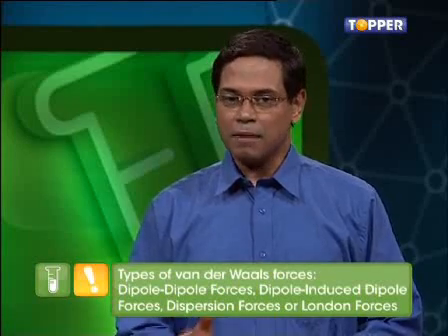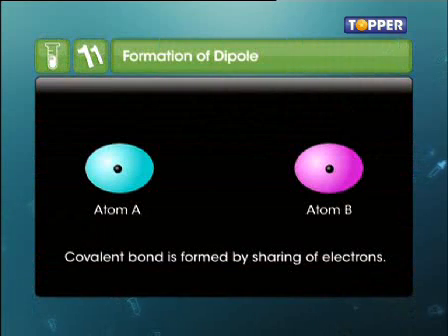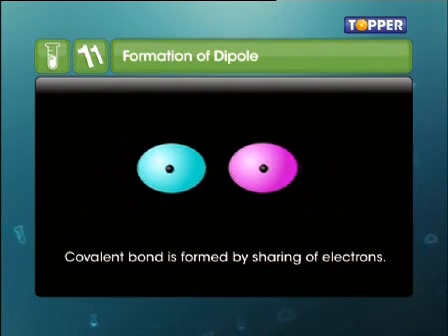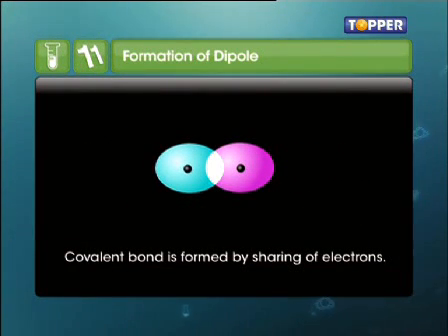There are three classifications of van der Waals forces: dipole-dipole forces, dipole-induced dipole forces, and dispersion or London forces. What is this term dipole, you ask? Let me explain. A covalent bond is formed by sharing of electrons between two atoms.